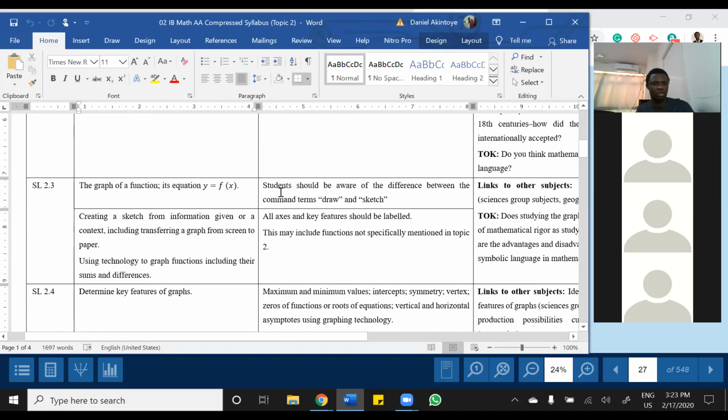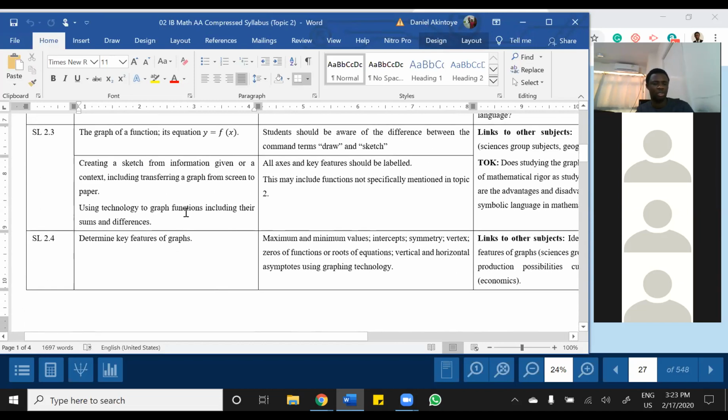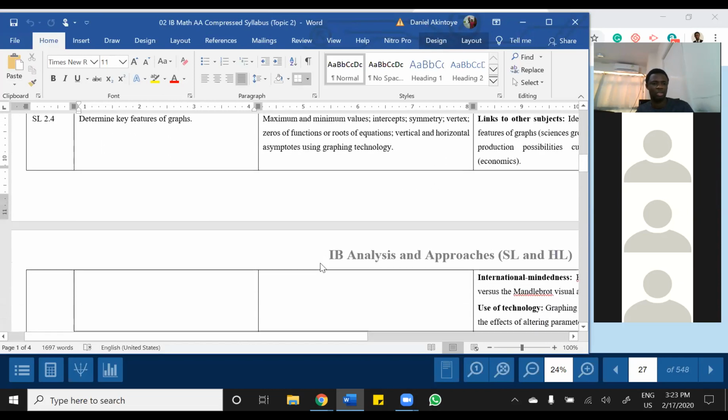Graph of functions, how to sketch and draw different things. IB said to be aware that there's a difference between drawing and sketching. We use technology, that means your calculator and the online applications. We look at the key features of graph later: maximum, minimum, symmetry, vertex, and things like that.